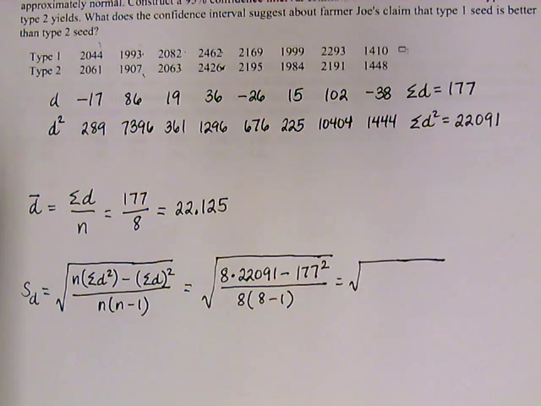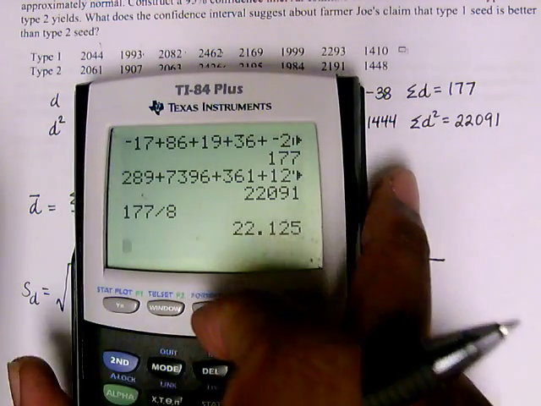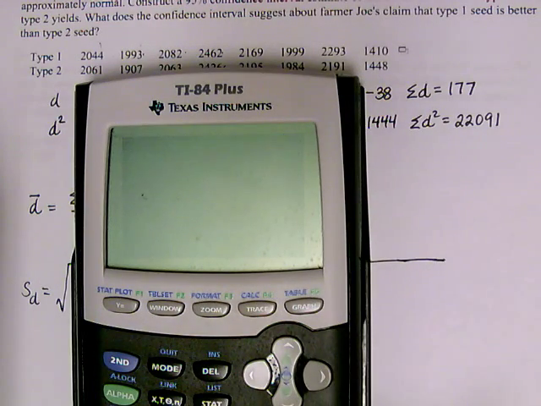Now I'm going to simplify what's underneath the radical, and then take its square root. The numerator will be in parentheses: left parenthesis, 8 times 22,091 minus 177, then hit your x squared button to square it, then close your parentheses.